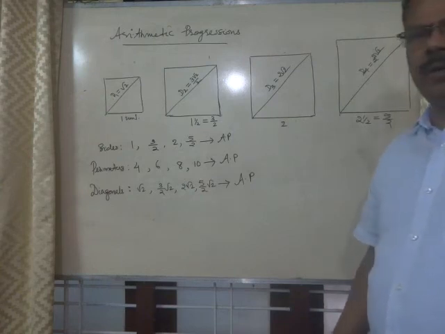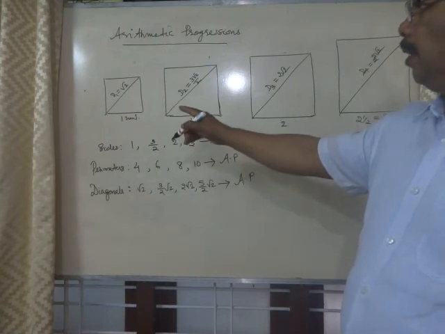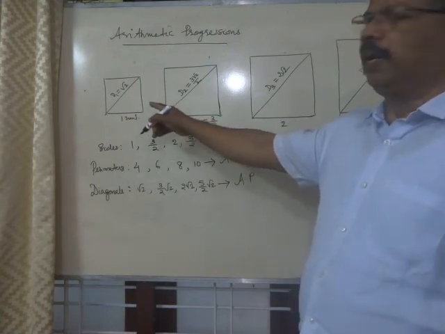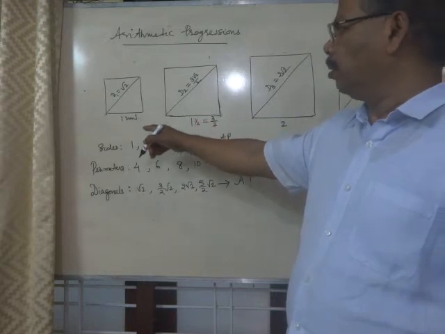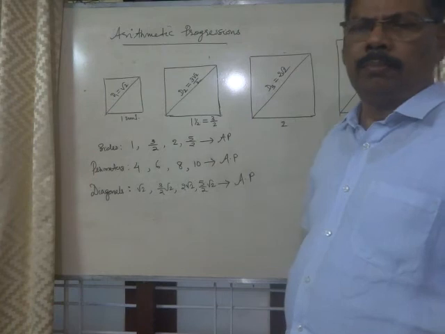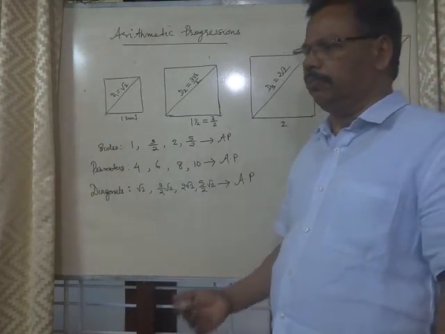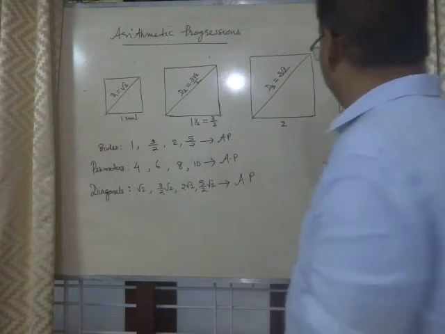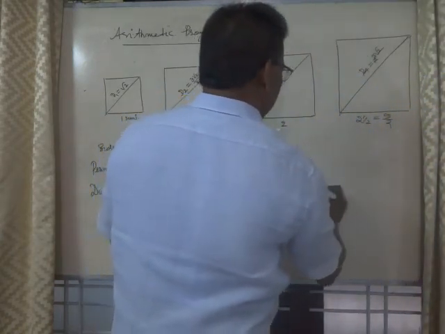For a square, the diagonal is found by multiplying the side length by root 2. I simply wrote the side length into root 2. If you don't know how it is obtained, then you may please attend here.